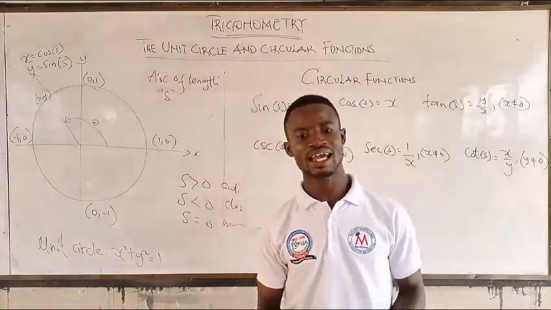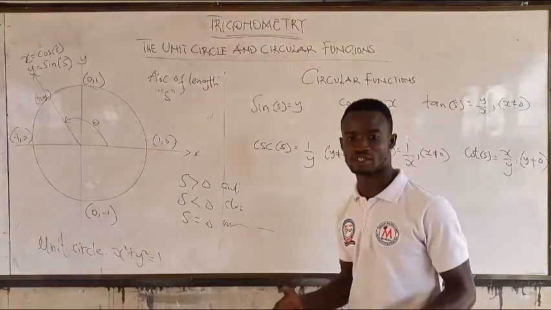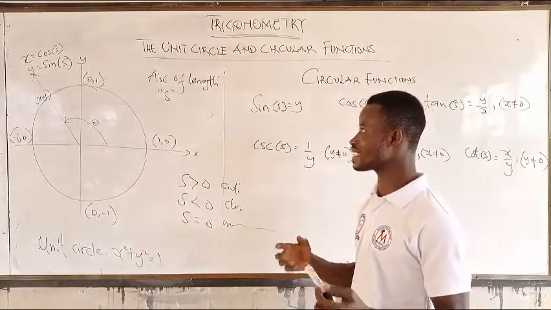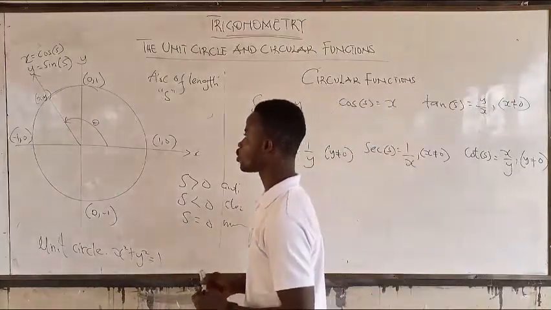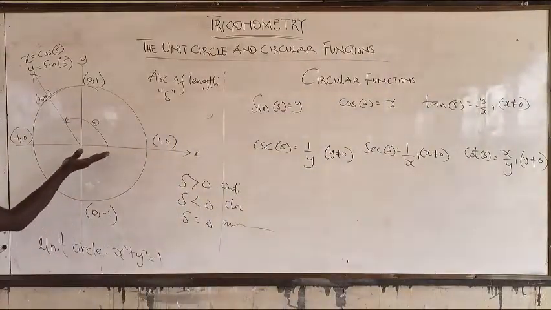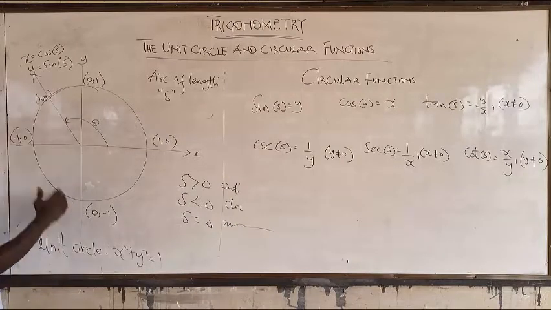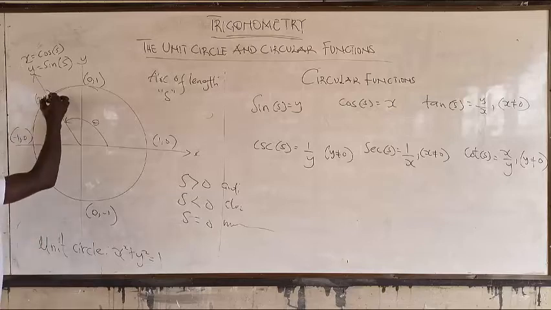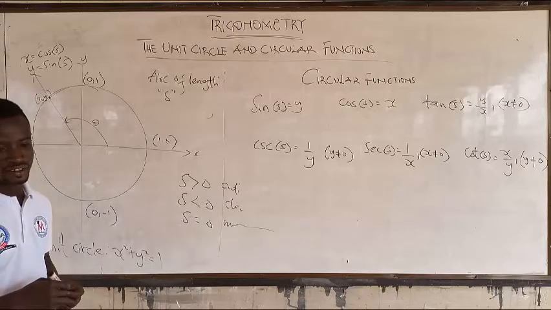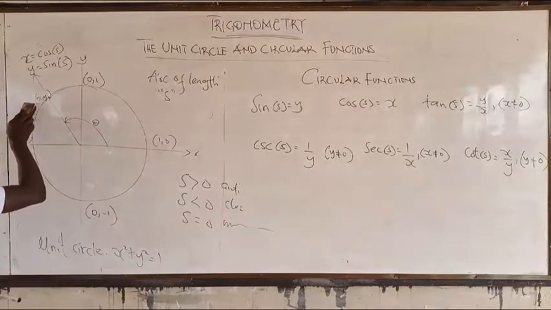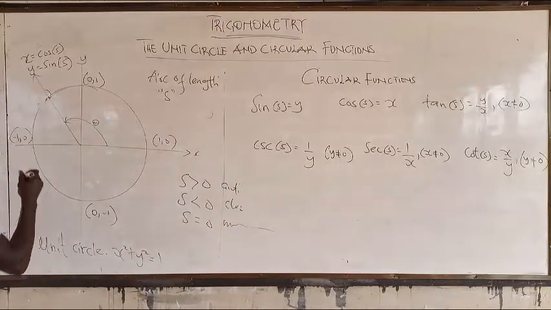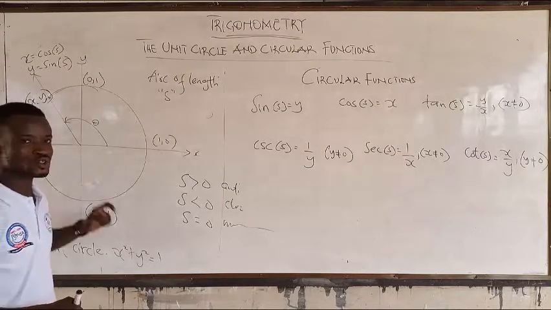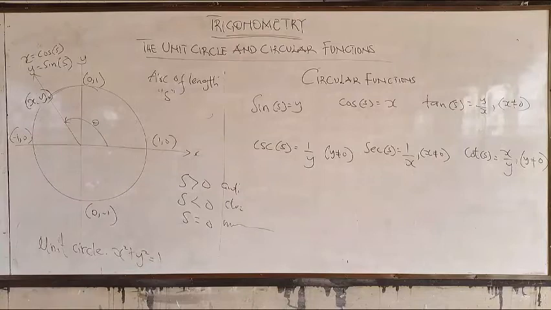So we are going to let the end point of the arc be at the point (X, Y). This is the initial and this is the terminal. So we are going to let this end point represent (X, Y). Let me write it more so that you can see. So this (X, Y) is the end point.